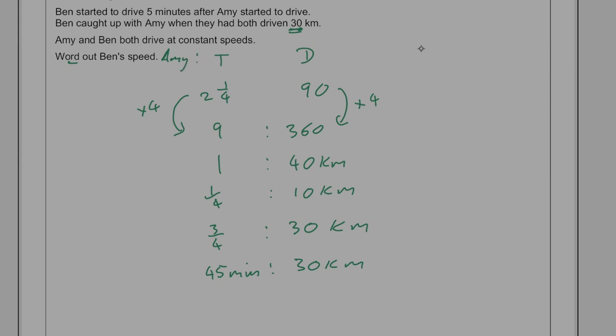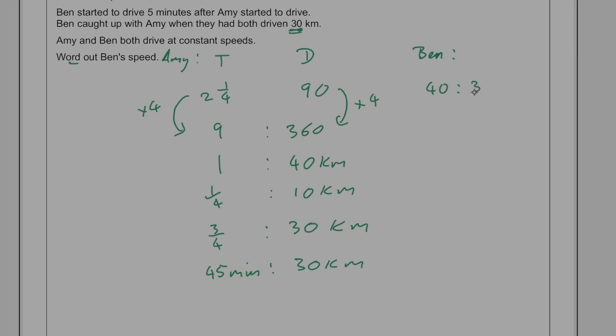So if Ben started 5 minutes afterwards, so this is actually Amy. Now, if I start to look at Ben, Ben caught up with Amy after they both travelled 30 kilometres, but Ben set out after 5 minutes. So Ben has only been travelling for 40 minutes to hit this 30 kilometres.